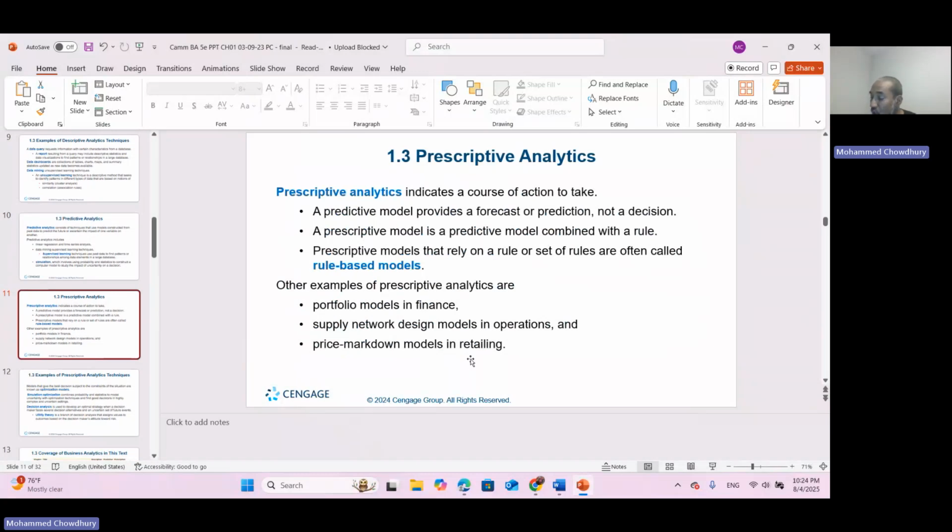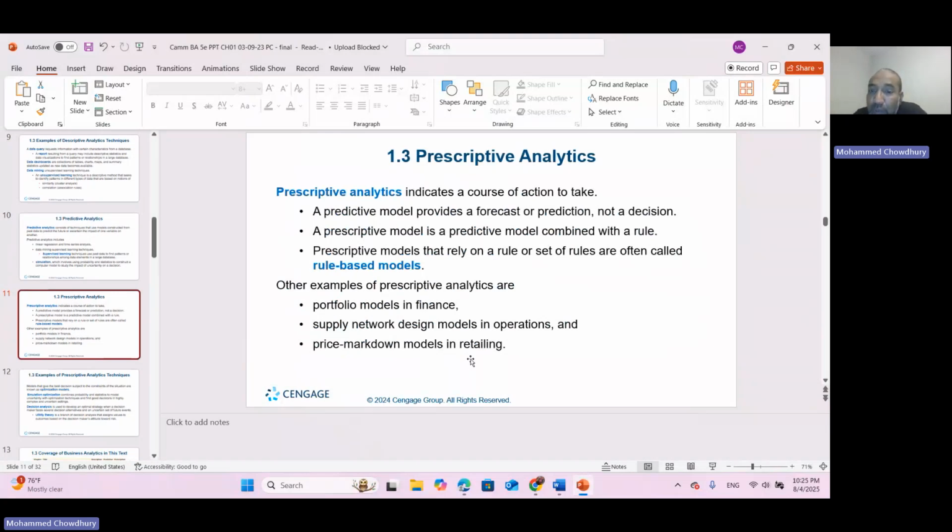So that means the doctor gives a prescription to the patients, so that patients take those medicines in order to get rid of their illness, right? That is called the prescription. Here, after descriptive and predictive, then prescriptive analysis means now certain rules will be applied. That is what the prescriptive is.